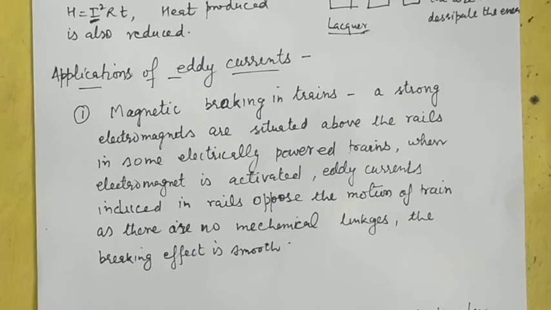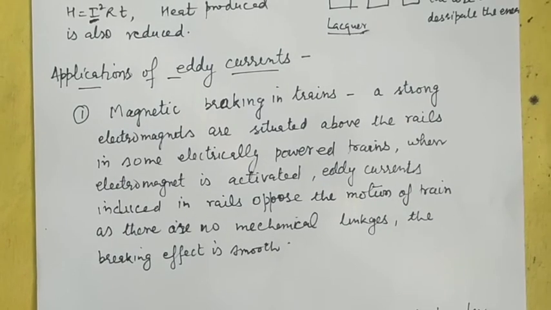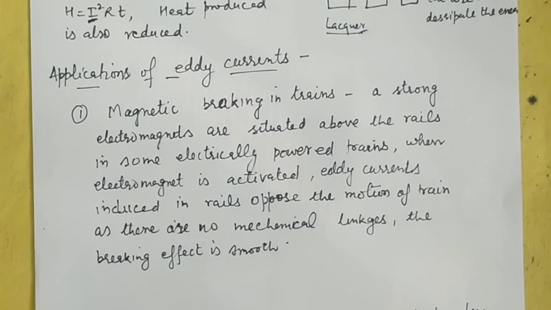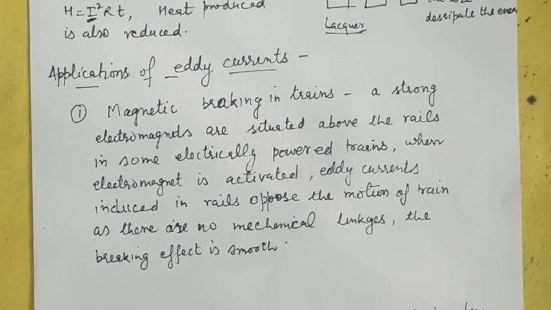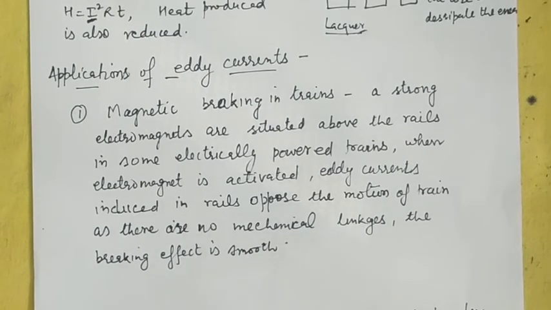Whenever we want to apply the brake, we activate the electromagnet, and this electromagnet produces eddy currents on the tires of the train. Eddy current induced in the rail opposes the motion of the train. As a result, the train stops. There is no mechanical linkage, so the braking effect is very smooth.